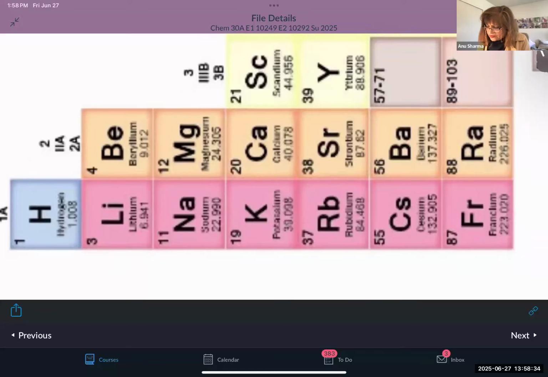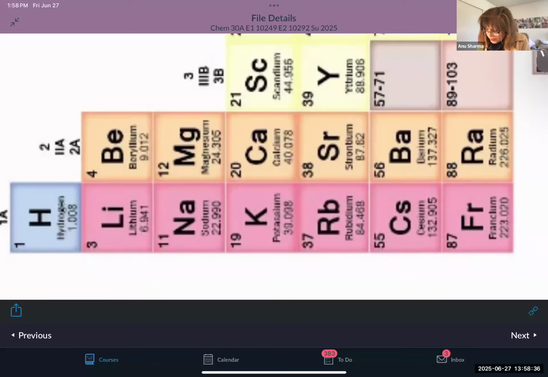Second thing is over here. Potassium and calcium are 4s, right? But scandium, 21, make a note here. The starting is 3d. Similarly, yttrium, 39, the starting is 4d, whereas rubidium and strontium are in 5s.